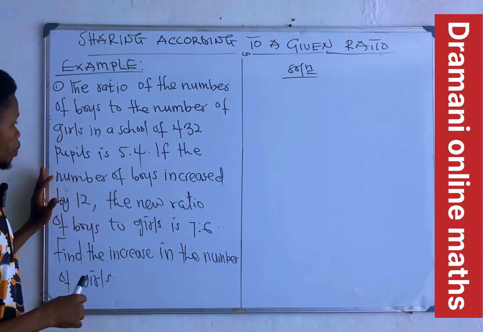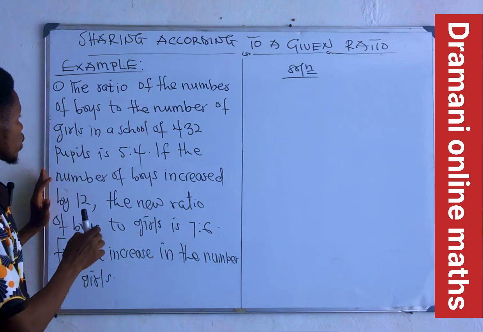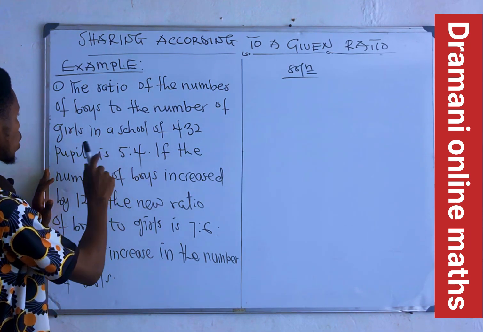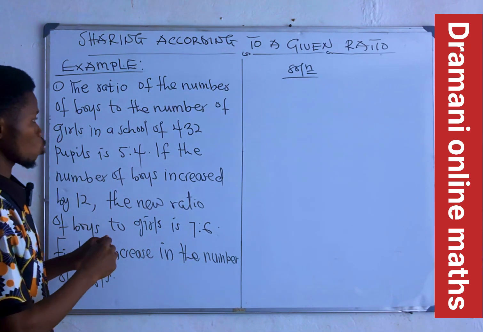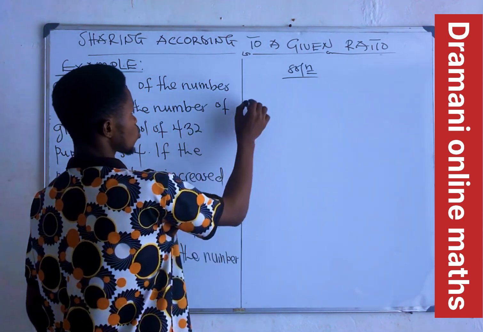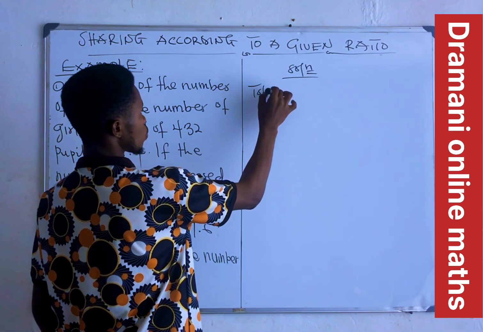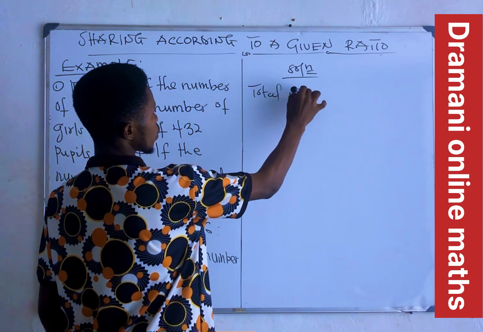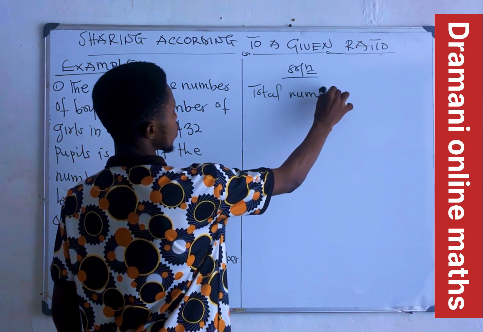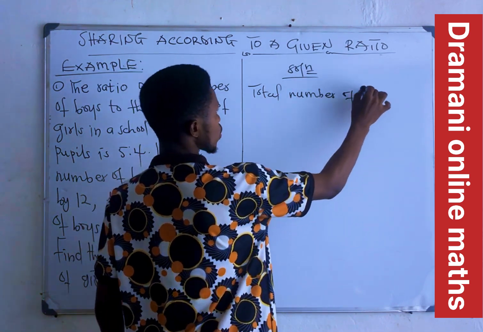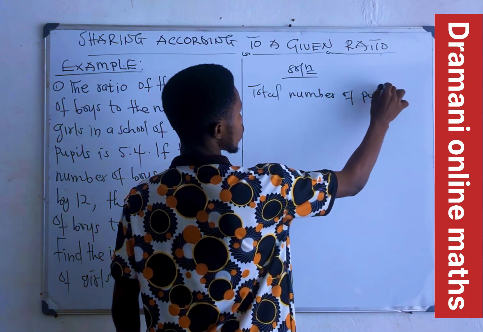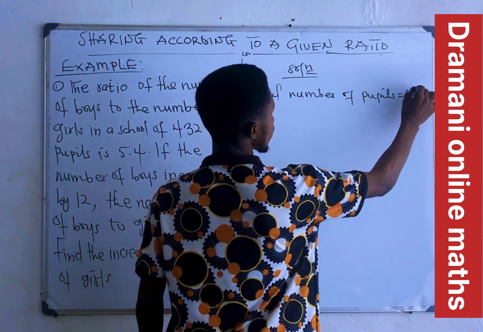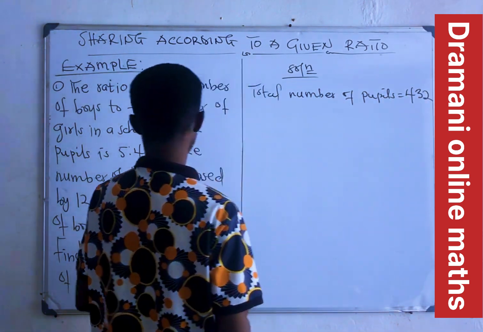So you could see that the total number of students in the school, the total number of people, is 432. Is that okay?